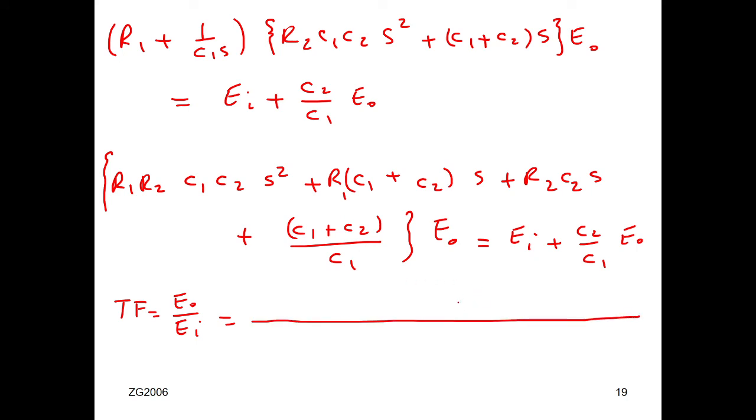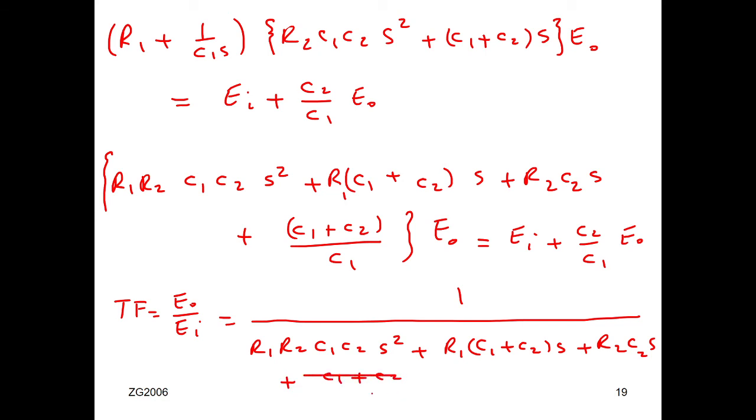it is going to be 1 over all this: R1, R2, C1, C2, S square plus R1, C1 plus C2, S plus R2, C2, S plus C1 plus C2 over C1.